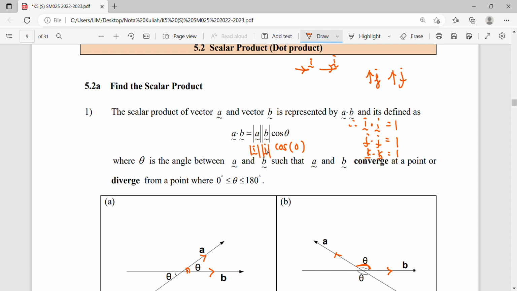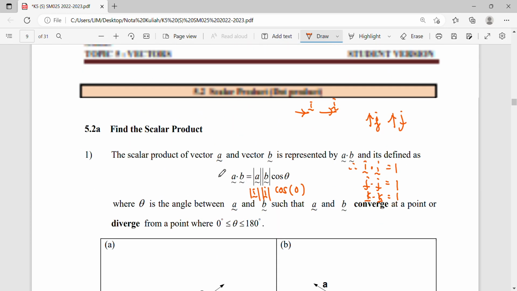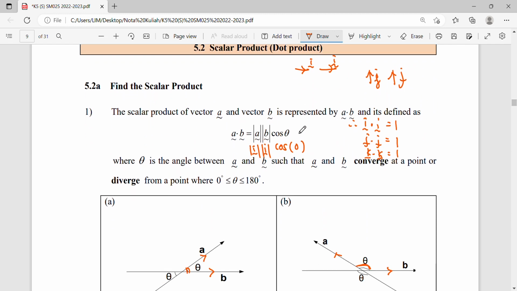From here we can conclude that for parallel vectors, when you dot, you get a magnitude, depending on the magnitude here. Especially for i, j, k, it is one because the length of i, j and k are all one. If it is another vector, for example A and B, meaning it is another vector and no longer i, j, k, then if they are parallel, it will only leave this, because cos 0 is 1. Understand? It will only leave magnitude A times magnitude B.